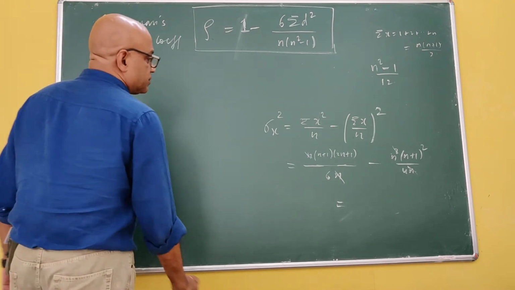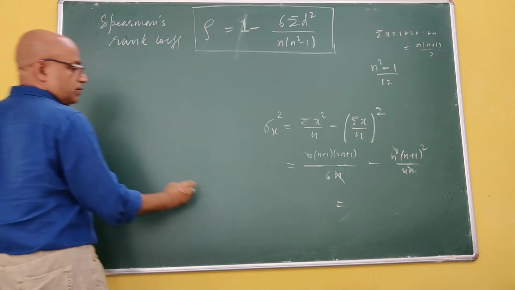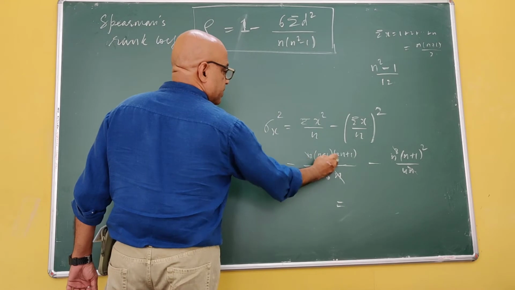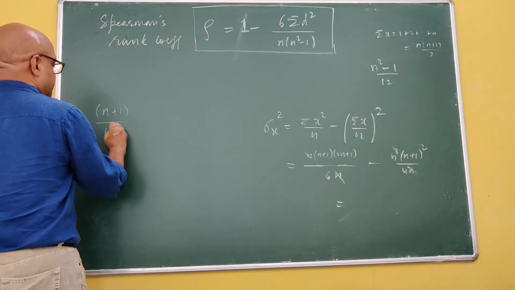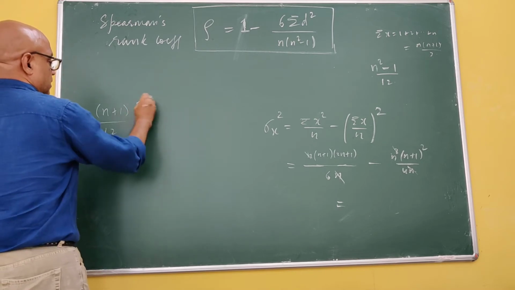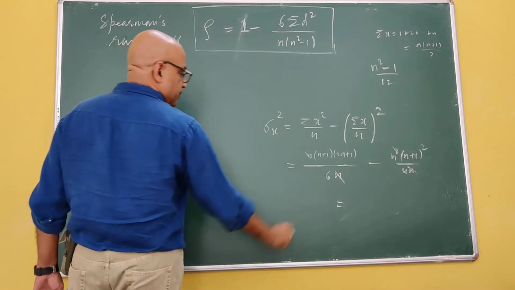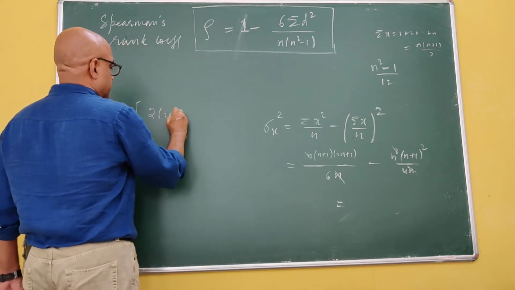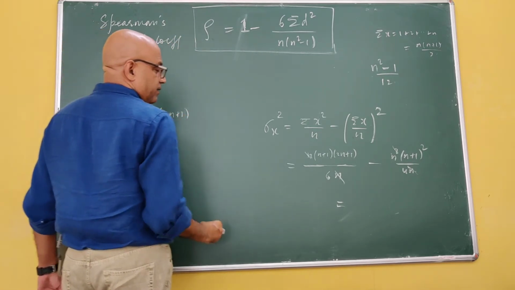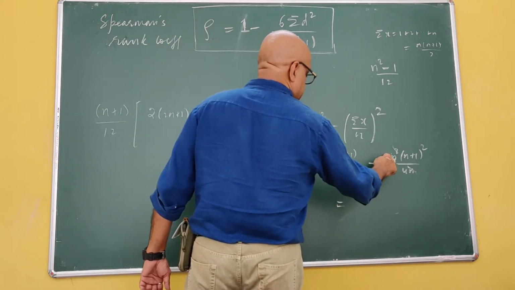And that turns out to be, so you take n plus 1 out. I take a 12 out. If I take a 12 out from here, there must be a 2 on top: 2 times 2n plus 1. And if I take a 12 out from here, there must be a 3 on top.